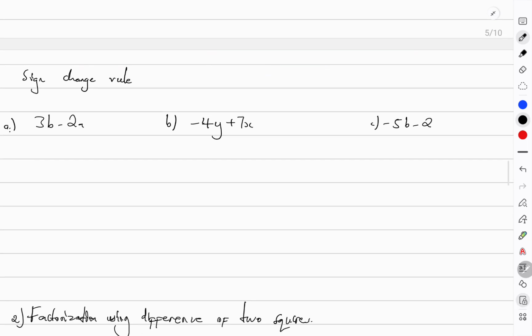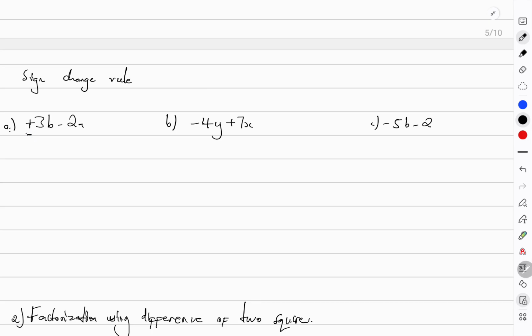Therefore, we have what is known as a sign change rule. With the sign change rule, this particular 3, it is positive. We all agree that particular 3 is positive. But if I'm having a sign change rule, I know that here I'm having a positive, right?